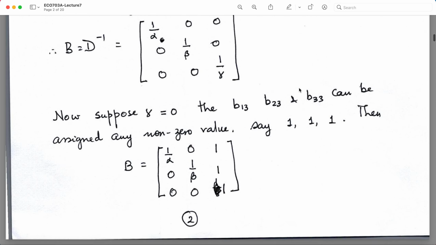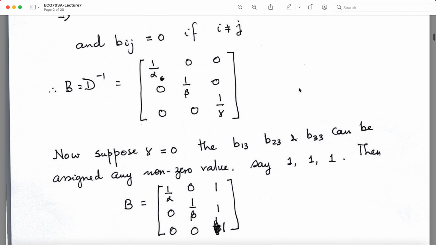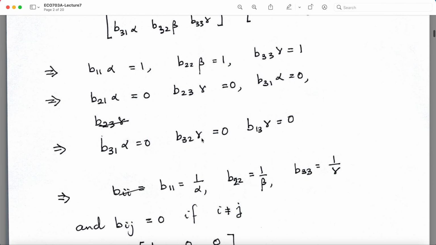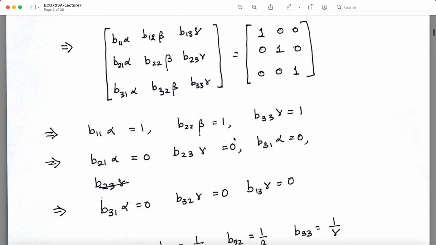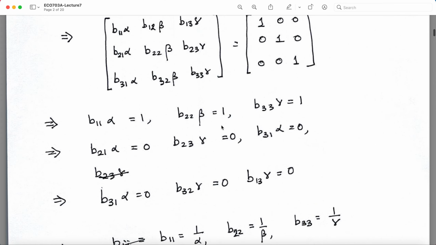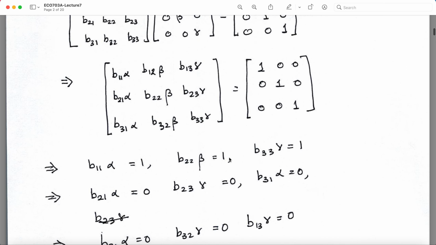Or here you can say, okay, now suppose gamma equal to 0. So let me assign any value, it doesn't matter, to this B13, B23 and say B33.